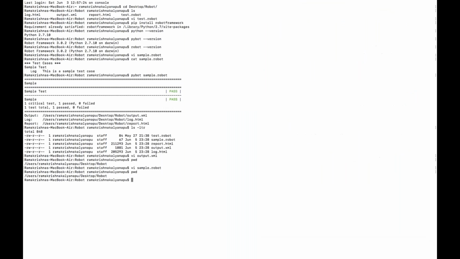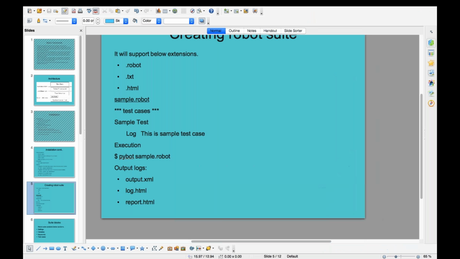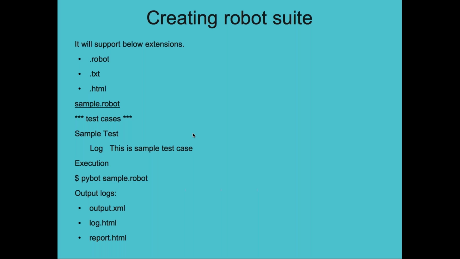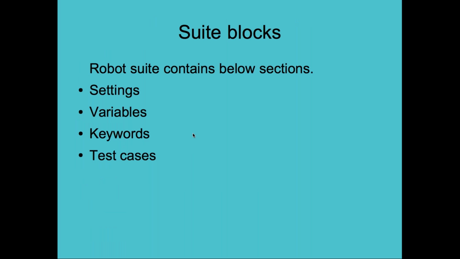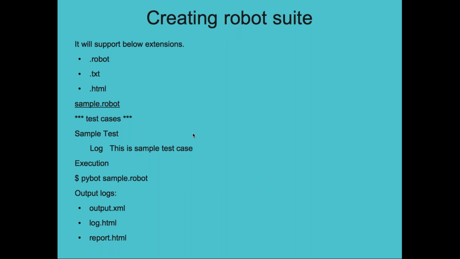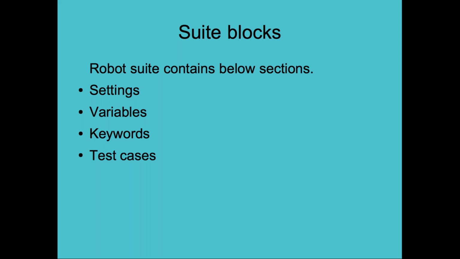Next, this is a sample. Next, a robot suite will contain the below blocks, or below sections. So the robot script will have all these various sections.